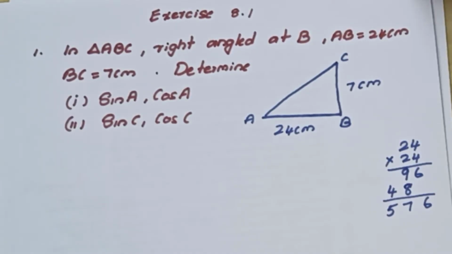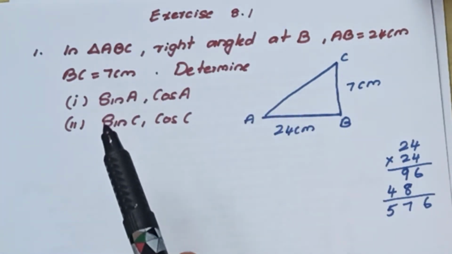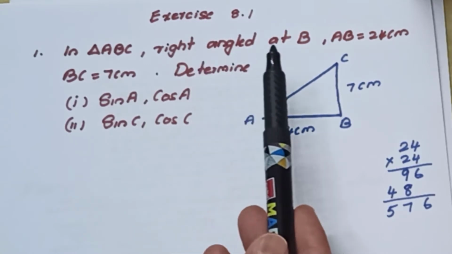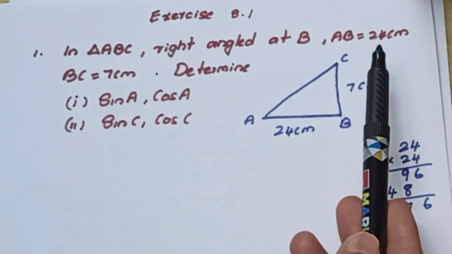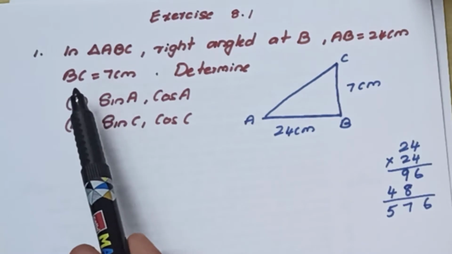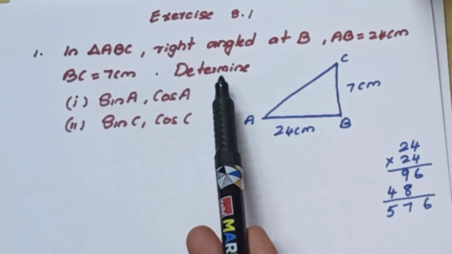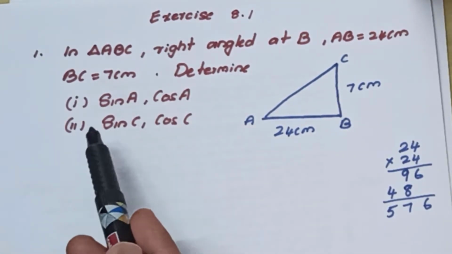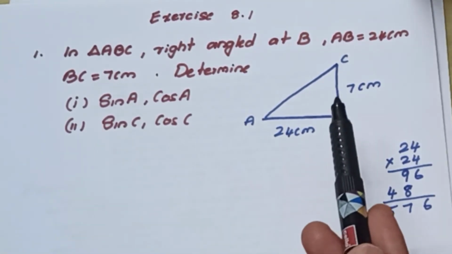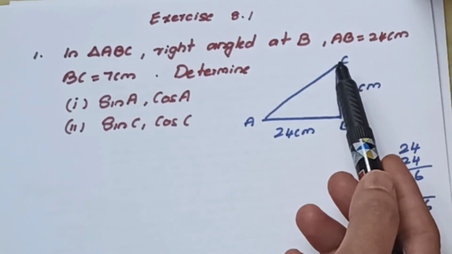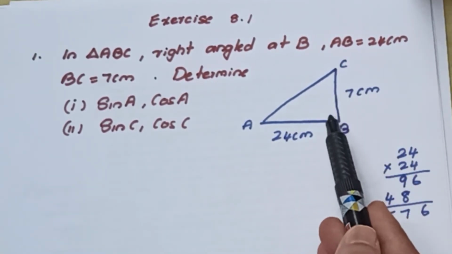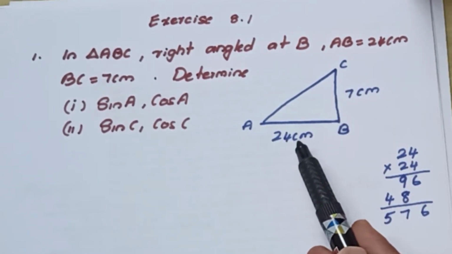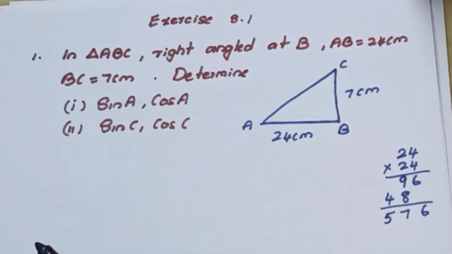Now we are going to solve exercise 8.1, question number 1. In triangle ABC, right angled at B, AB is equal to 24 centimeter, BC is 7 centimeter. Determine first sin A, cos A, second sin C, cos C. Here it is given triangle ABC is right angled at B and AB is 24 centimeter, BC is 7 centimeter.